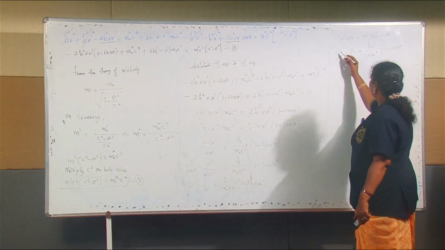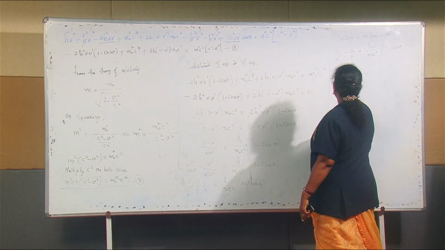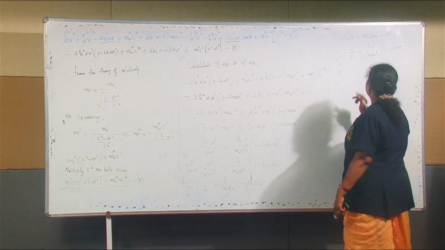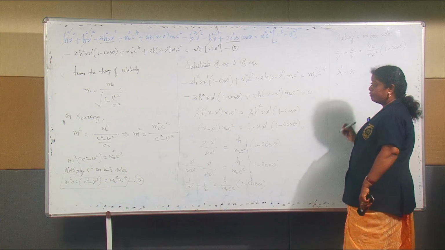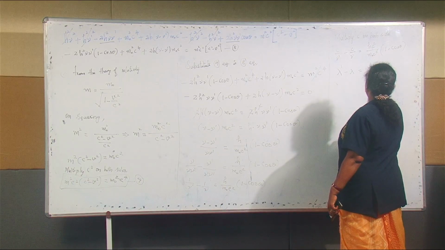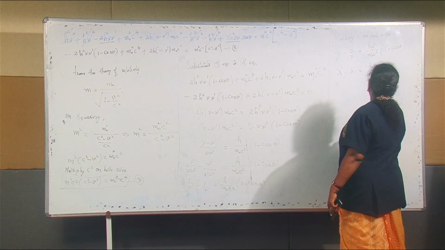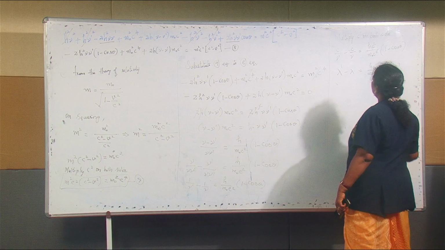Now c by nu dash is nothing but lambda dash, the modified radiation. C by nu is nothing but lambda, the unmodified radiation. Canceling c, we get h by m naught c (1 minus cos theta).